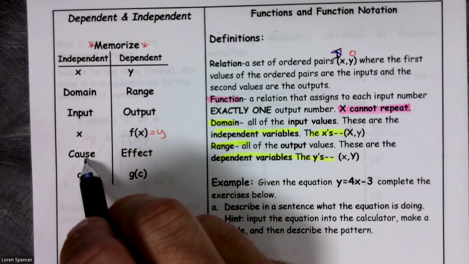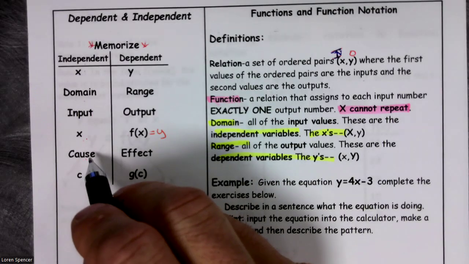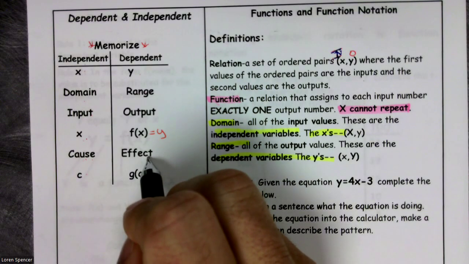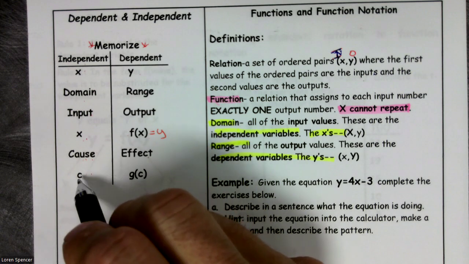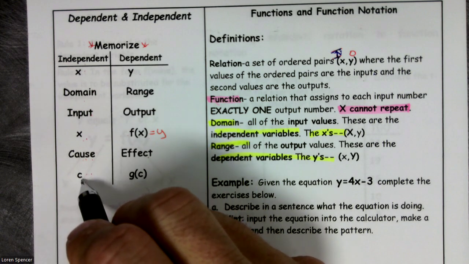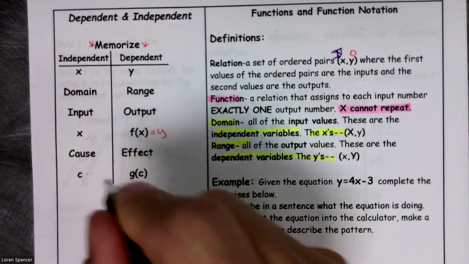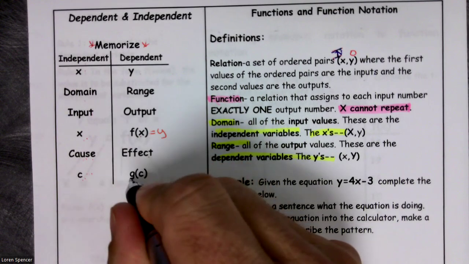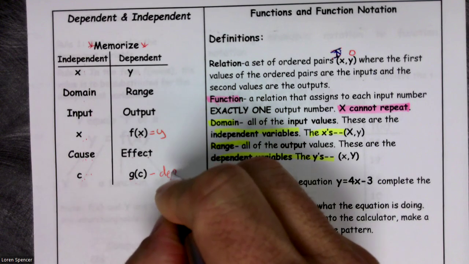This is the same as saying the cause and effect. So if we're reading a word problem, whatever's causing the change and the effect, the cause is the independent, whatever the effect is the dependent. All right? So independent, in this case, I'm using C as opposed to X, and I wrote G of C, and basically G of C is just another way of saying, hey, the function G performed on C. Anytime you see something like this is going to be your dependent every single time.